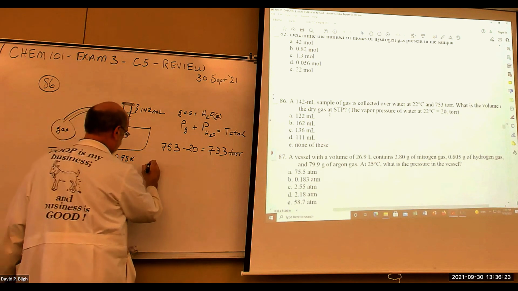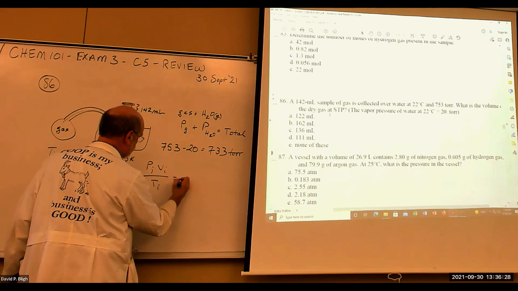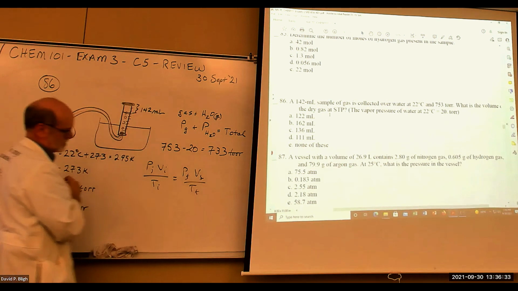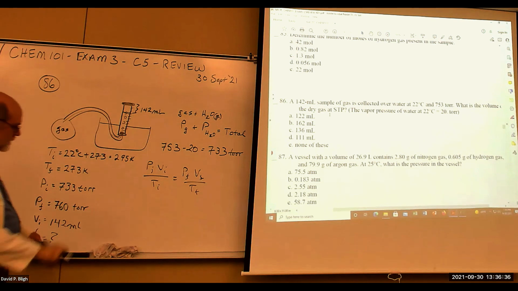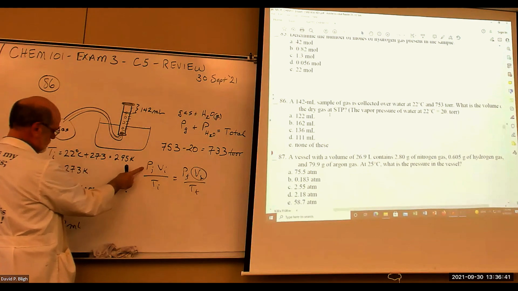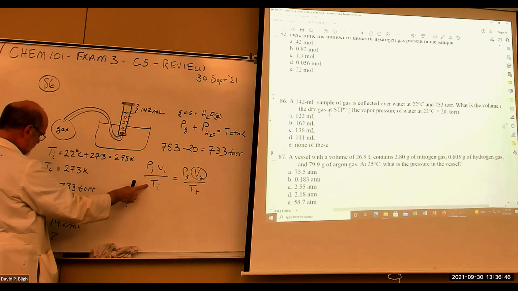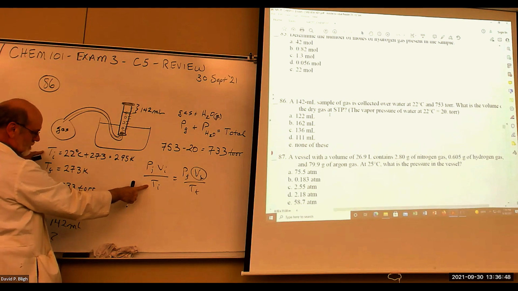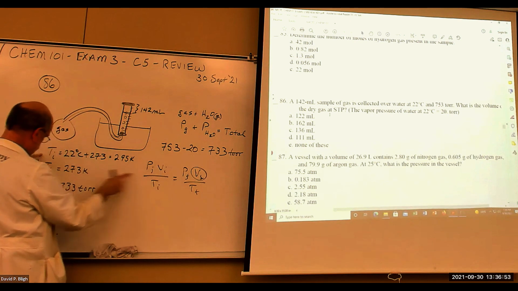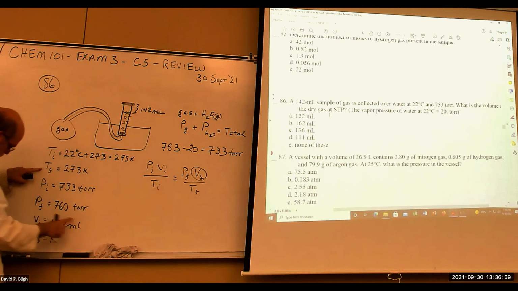So that means PiVi over Ti equals PfVf over Tf. Now we just solve for the final volume: the initial pressure times the initial volume, divided by the initial temperature, and then times the final temperature, divided by the final pressure.